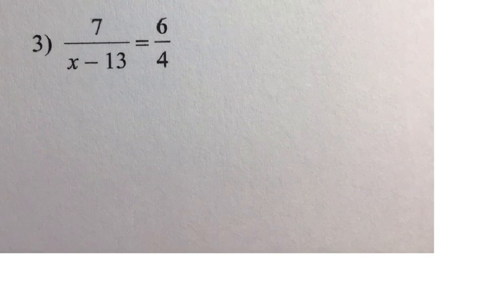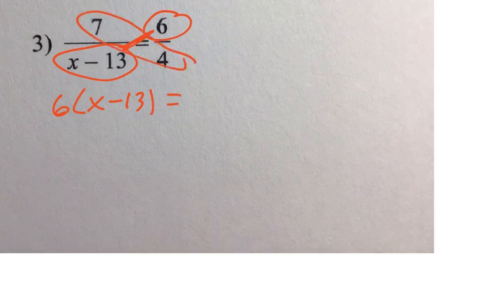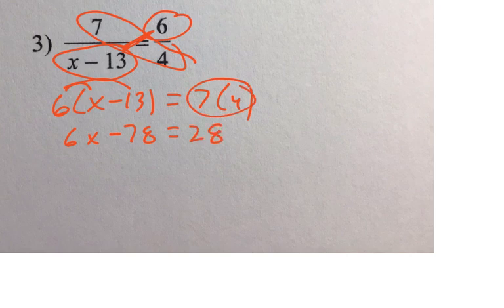Okay, next one. Now notice we have a binomial here that, again, we're going to cross multiply, right? So 6 times x minus 13 equals 7 times 4. Got to distribute here. 6x minus 78 equals 28.